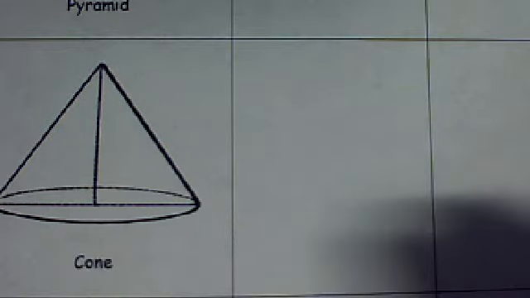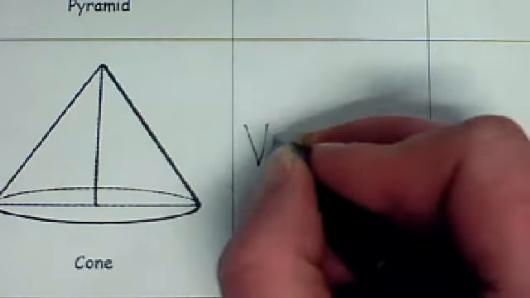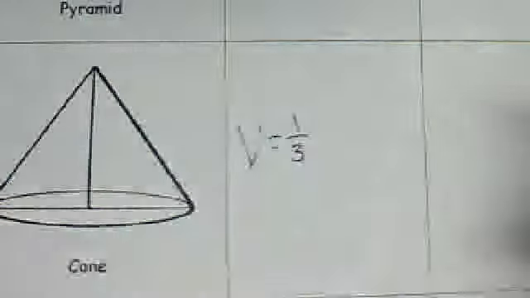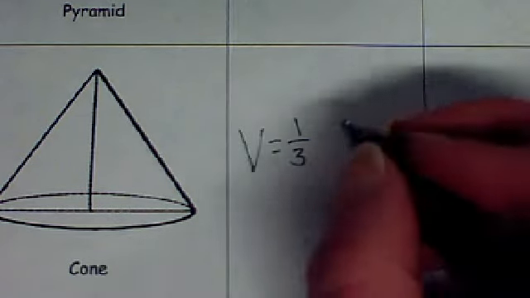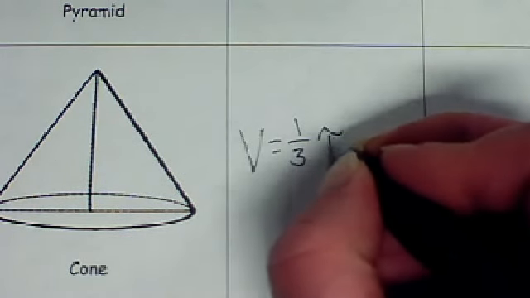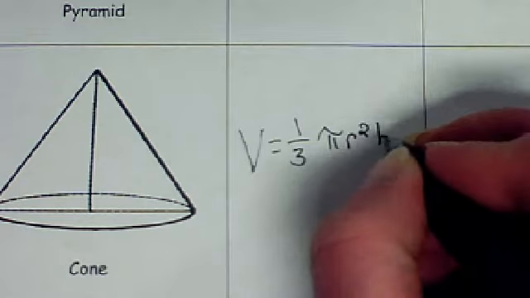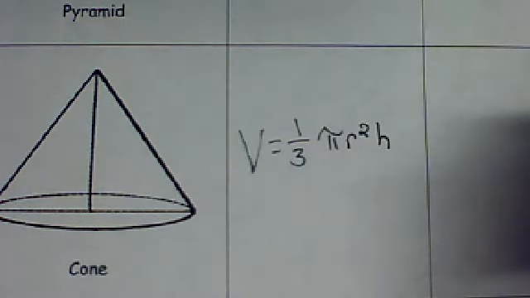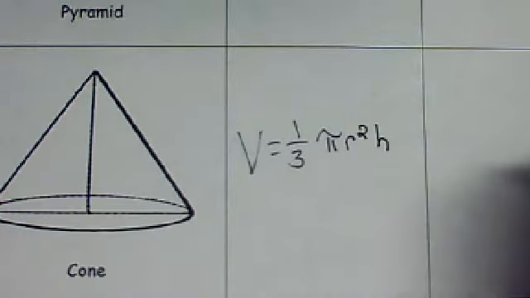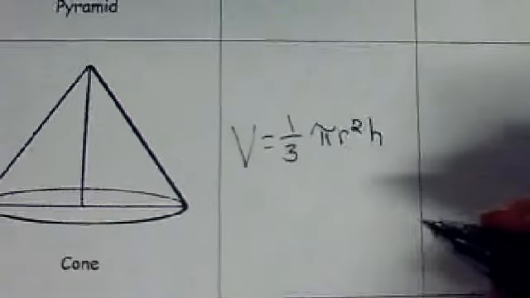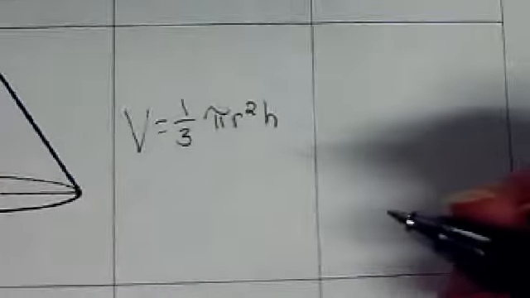On a cone, the volume is 1/3 of that of our cylinder. So it's 1/3 of pi r squared h. These formulas for the volumes are on your formula chart, as is the area of this curved surface on the cone.